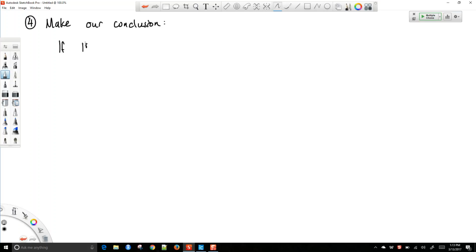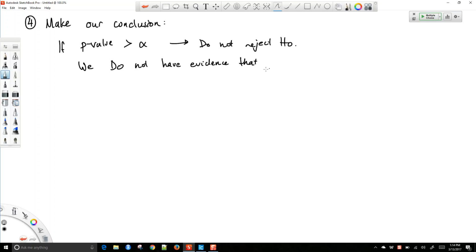If the p-value is greater than alpha, this means we do not reject the null. And we would say we do not have evidence that mu1 is different from mu2.